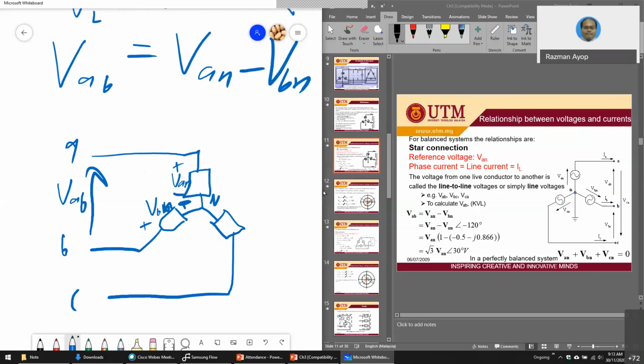Remember Kirchhoff's voltage law. You do a loop here. When you do a loop, this one is negative, this one is positive.